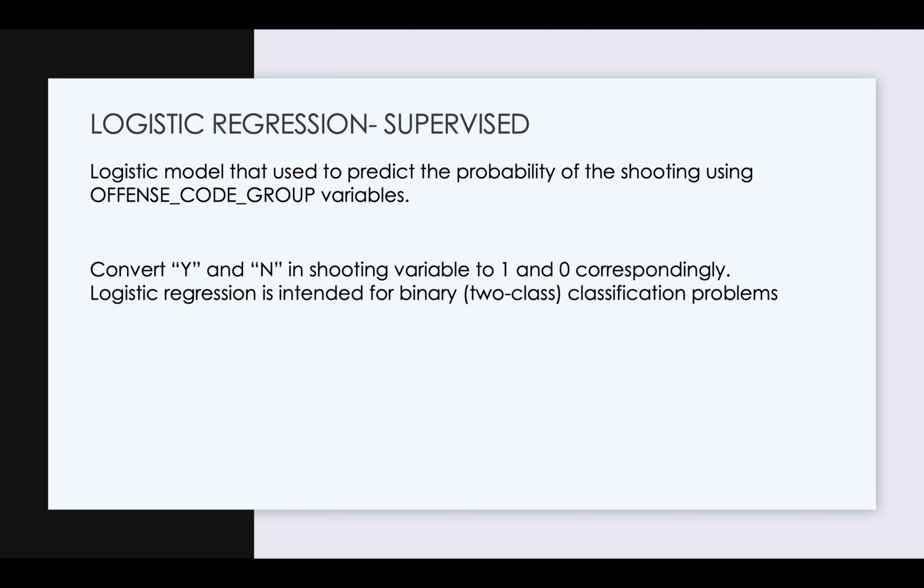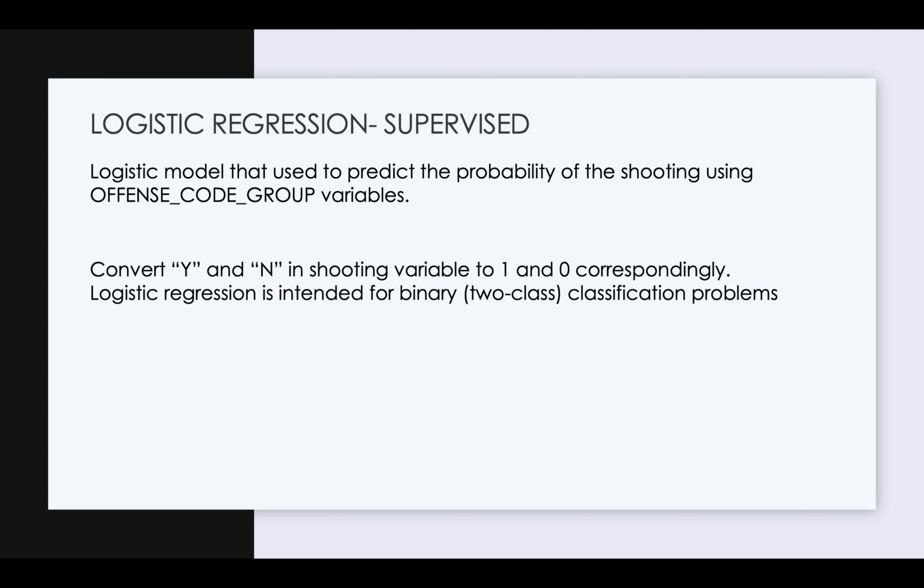For the machine learning algorithms, I did a logistic regression as the supervised algorithm, and I also did a k-means cluster analysis for unsupervised. The logistic model is used to predict the probability of shooting using the offense code group variable.